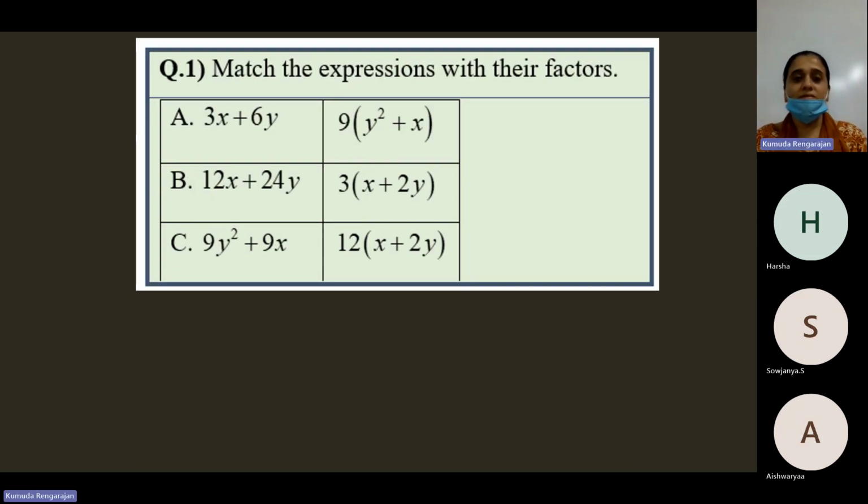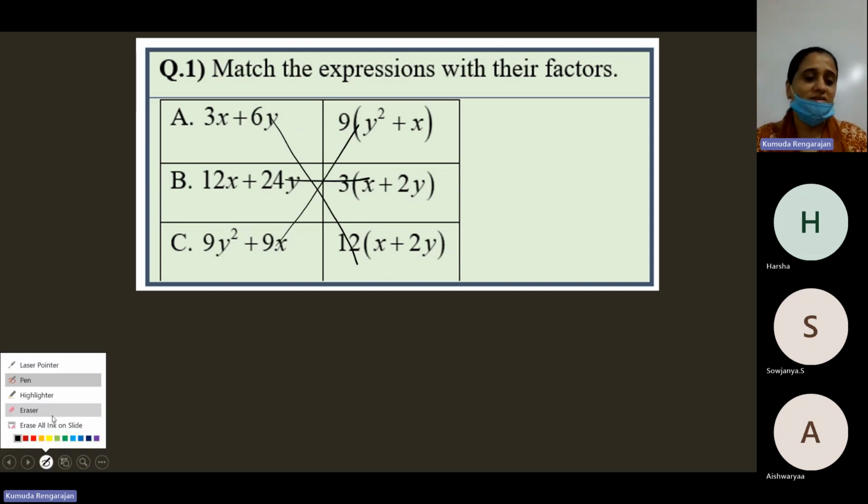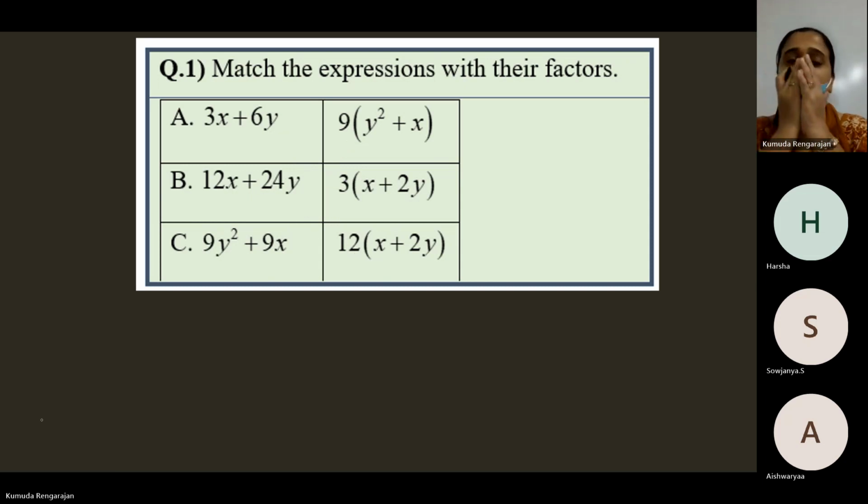Yeah, match quickly. You can see 3 expressions in the first column and some results in the second column. You should match like this and this and this. Finished? So you've done your workbook. Okay.